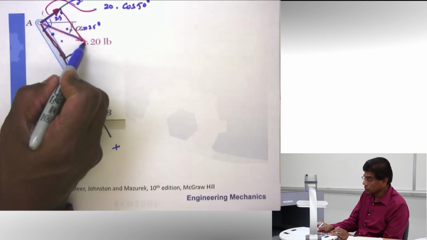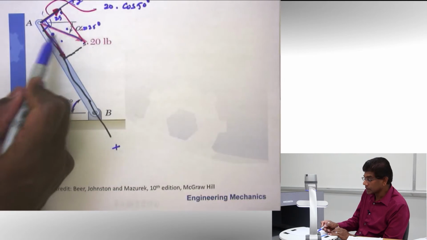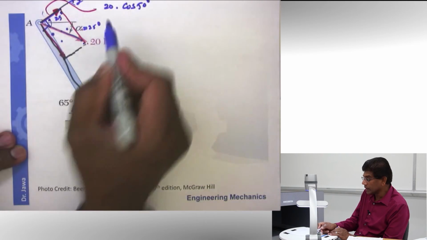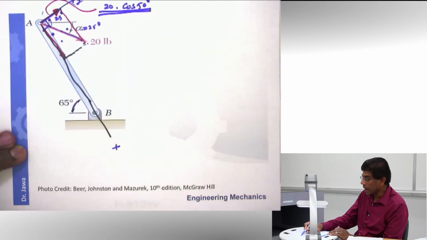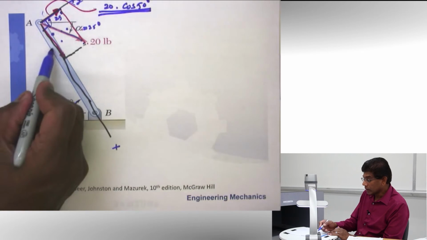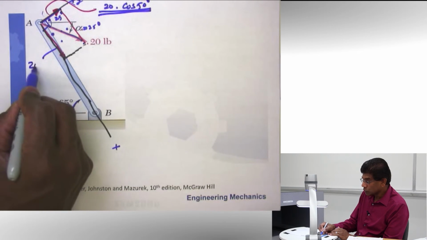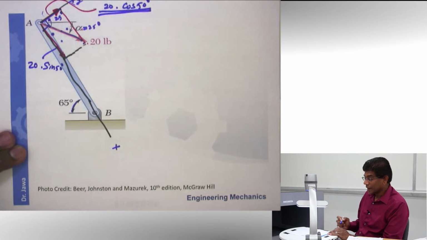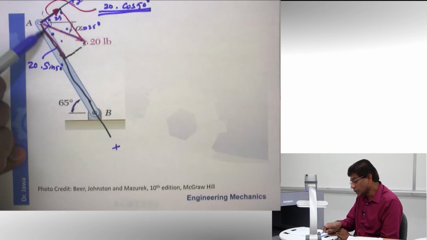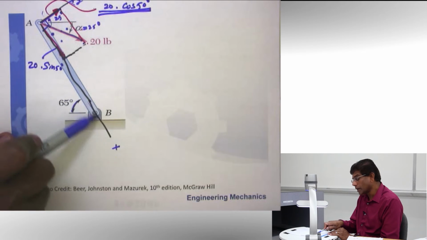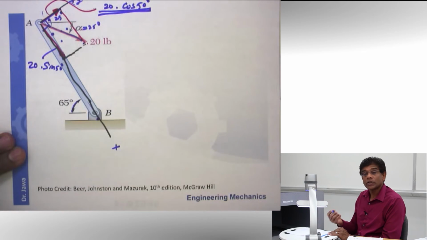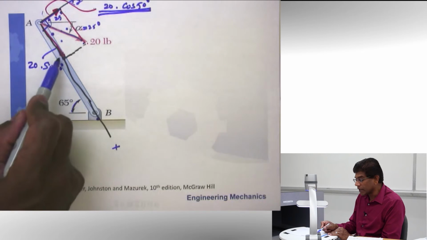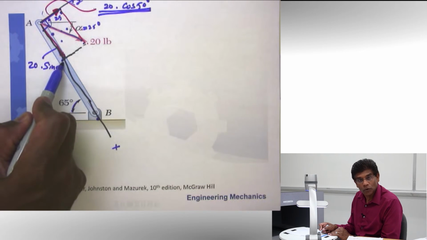I have a force projected onto this axis, and this angle is 50 degrees, and I found the magnitude of that force. Clearly, this force will be 20 times sine 50 degrees. But if you recall, this force passes right through point B, meaning there is no perpendicular distance, and therefore there will not be any moment due to this force.